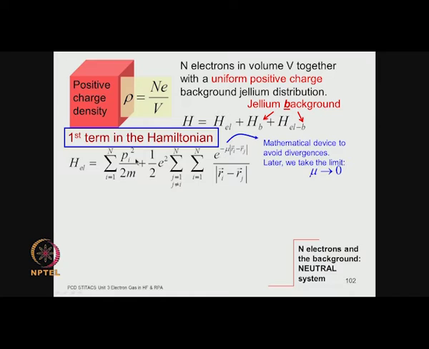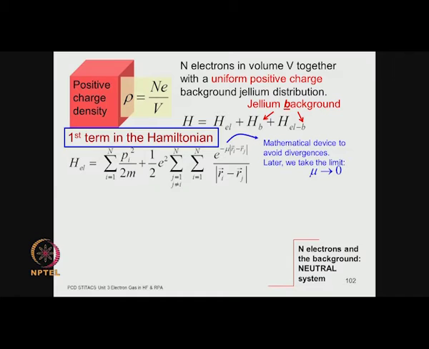So, let us work with this Hamiltonian now. Let us look at the first term in the Hamiltonian. You have got the kinetic energy term, which is the usual one. You have got the usual e square over r term in the Hamiltonian, but what we have done here is we have introduced a convergence factor. Instead of 1 over distance, I scale the 1 over distance by e to the minus mu distance, and eventually I will take the limit mu going to 0.